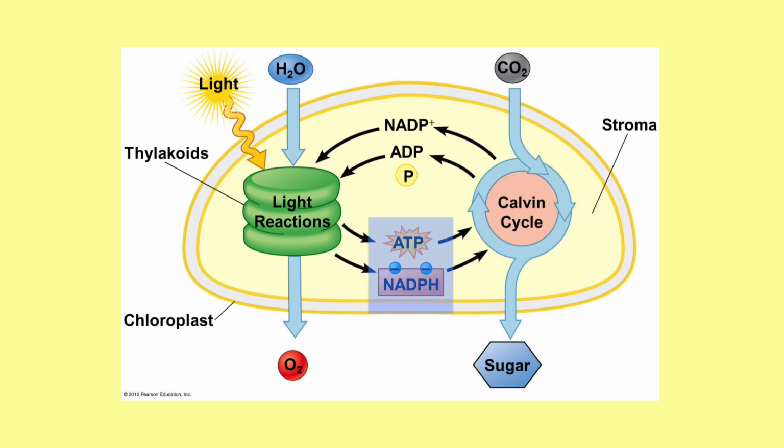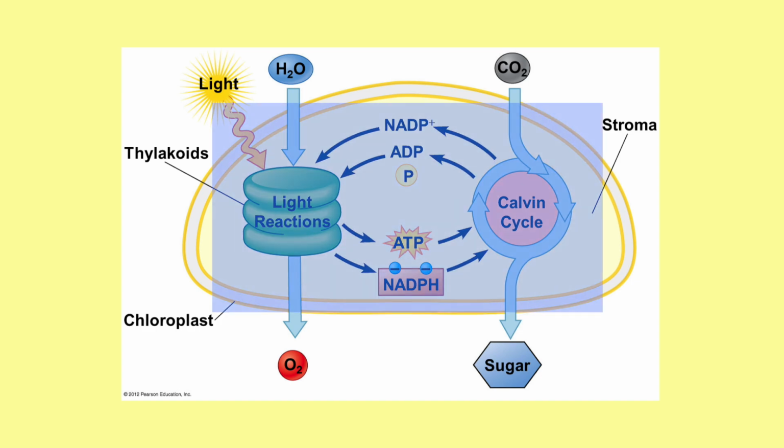The Calvin cycle requires ATP and NADPH from the light reactions to synthesize sugar, whereas the light reactions require ADP and NADP+, which are the used forms of these, returned from the Calvin cycle, then to be re-energized. Therefore, there is a transfer of energy between the 2 parts that keeps photosynthesis going.